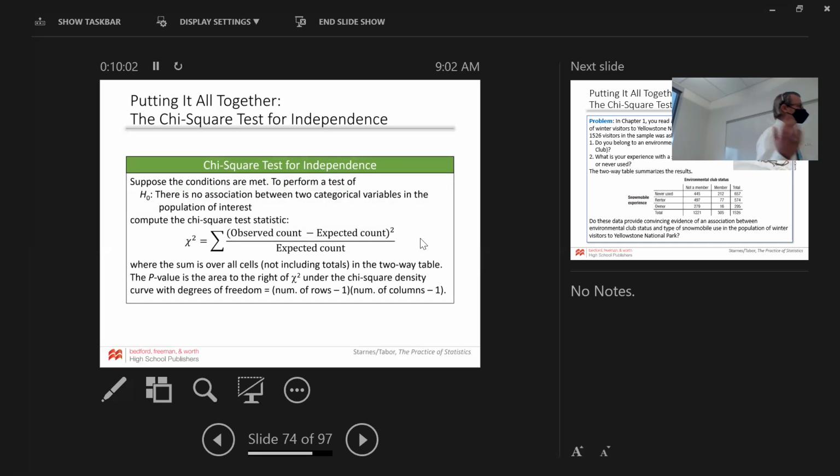The test statistic, the same thing. Observed, take away expected, square them, divided by expected, add them up. That's your chi-square test statistic, which means nothing to you standing alone. You either need to compare it to the table on your formula sheet or the table in the back of the textbook, or you need to have the p-value, which you compare to the alpha level.